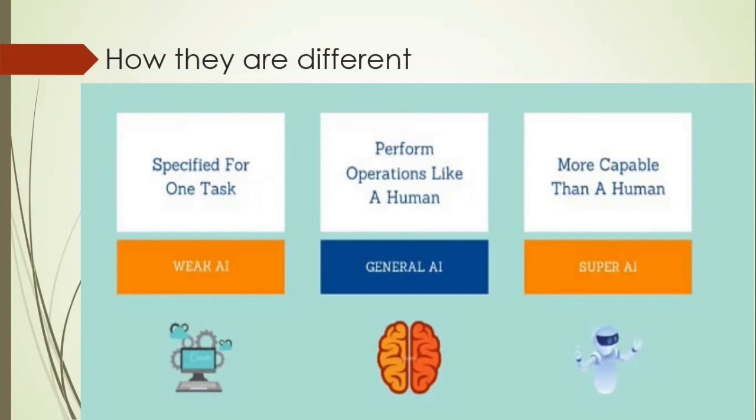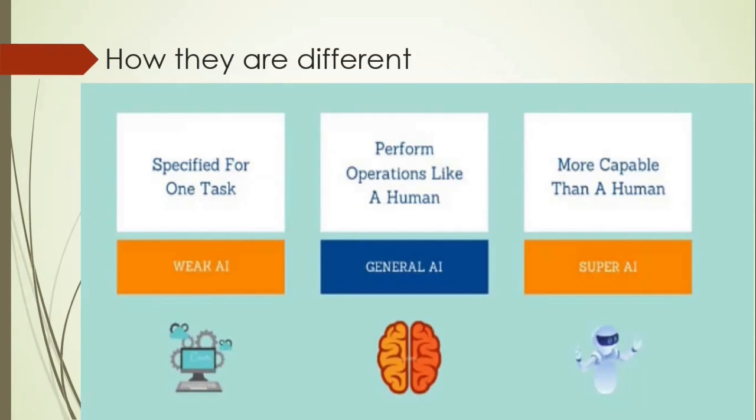Now, the point here is weak AI is enhanced with general AI, which performs like a human being, like robots, robotic devices, the analytical algorithms used in search engines. That means as human beings think or have abilities, similarly, the AI will have that ability, which we call general AI.